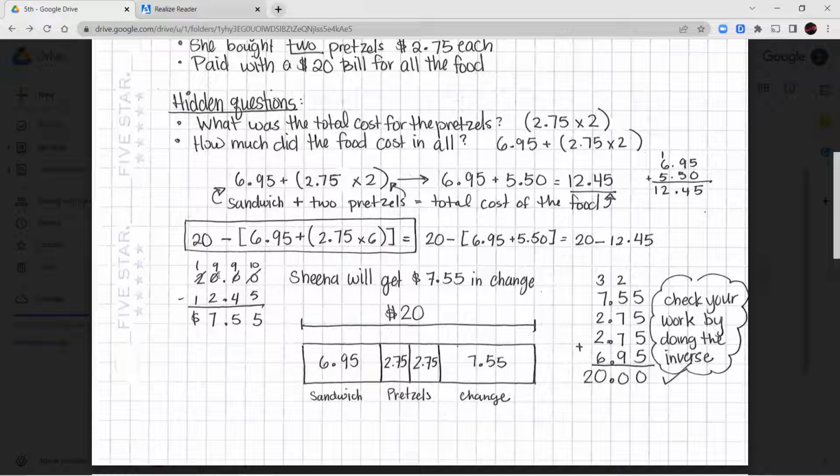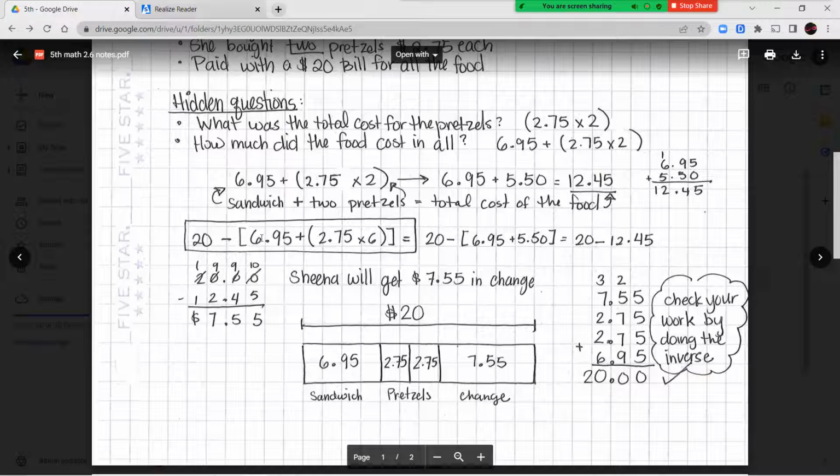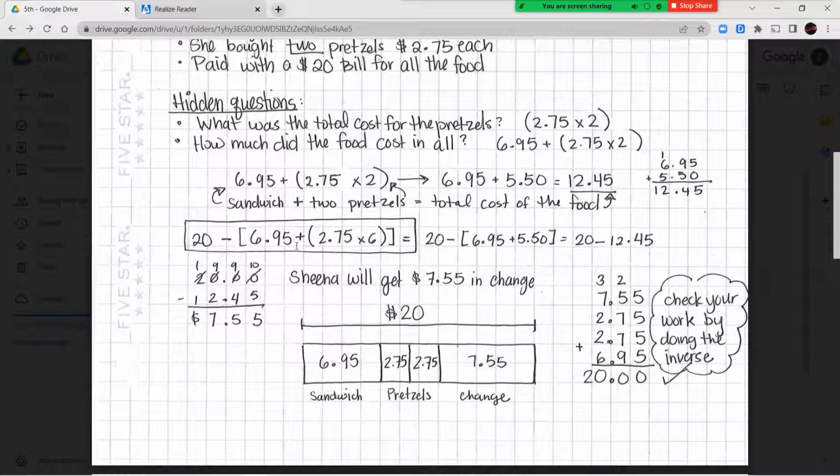Now, to solve my original question, I'm going to write it out as an equation with 20 minus the sum of $6.95 plus the product of $2.75 times 2. That's going to give me 20 minus the $12.45.